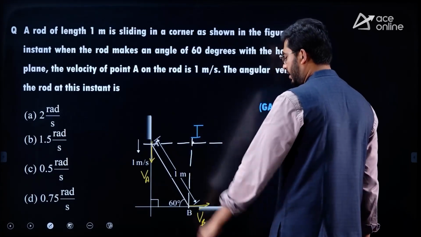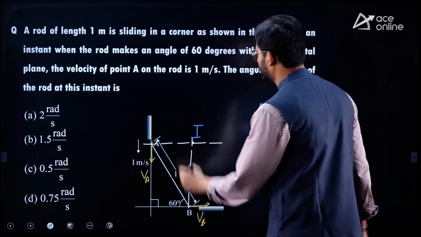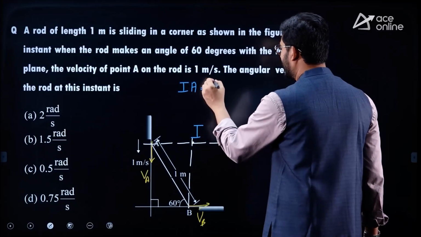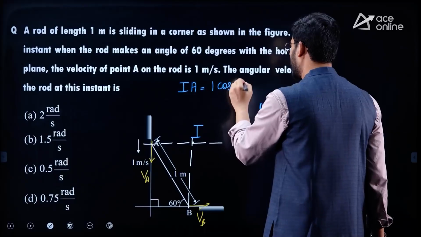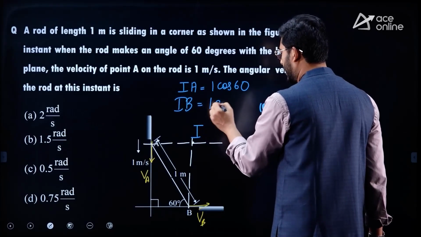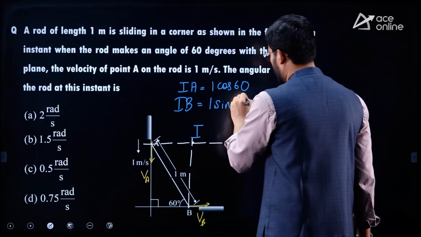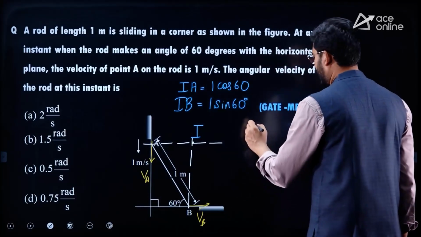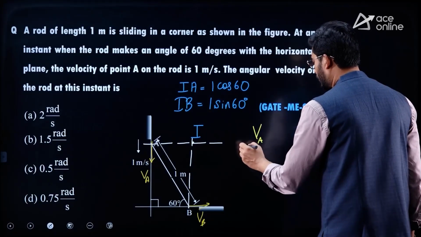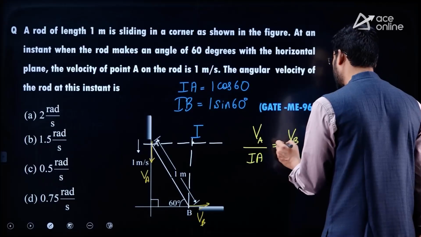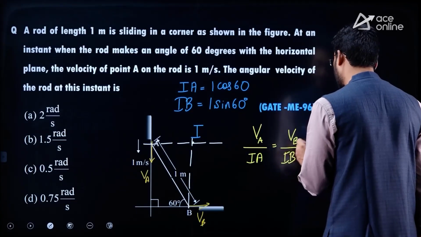Alright. So here we know the length of the hypotenuse, and IA will be equal to 1 times cos 60, and IB will be equal to 1 times sin 60. Now we can apply the angular velocity theorem, that is the velocity ratio theorem, that is VA by IA is equal to VB by IB is equal to omega.